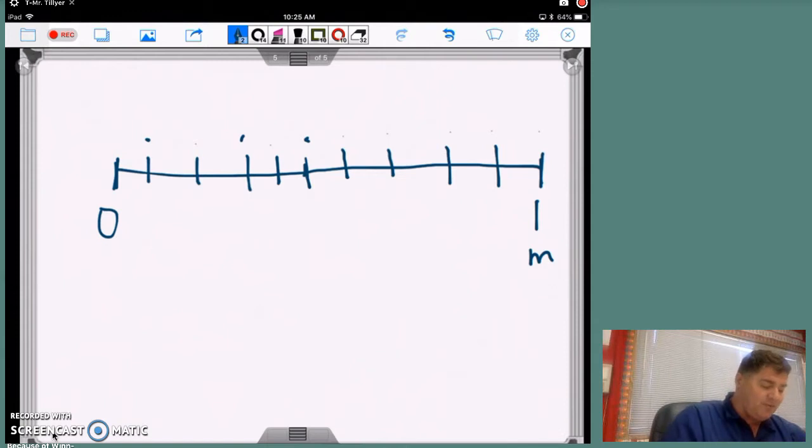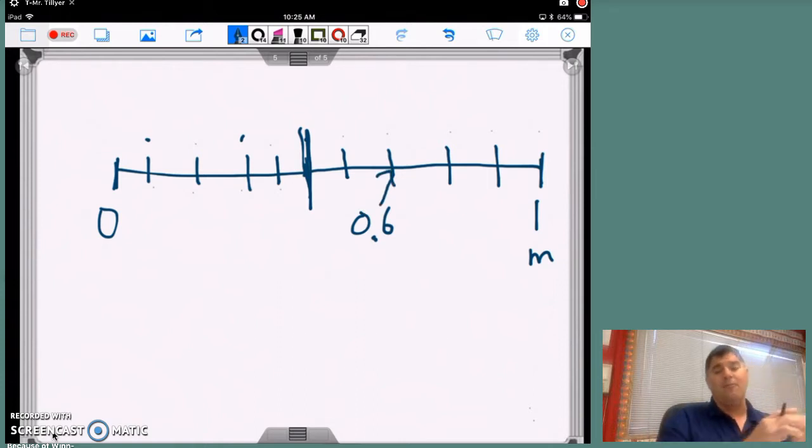That would be tenths. So this is 5 right here, and if we wanted to show 6 tenths, it would be right there.